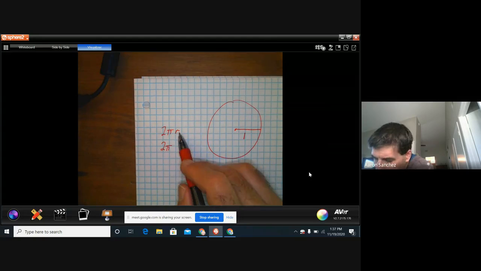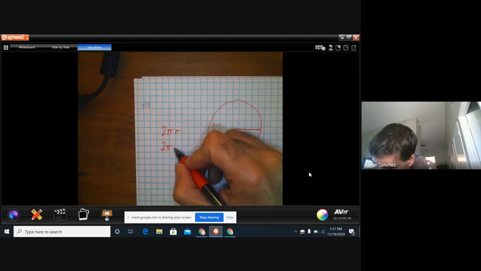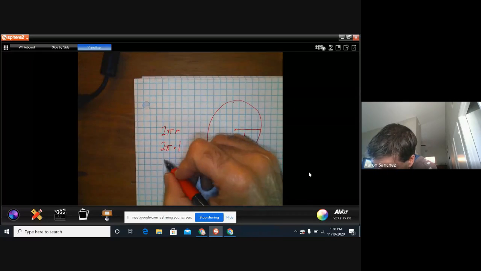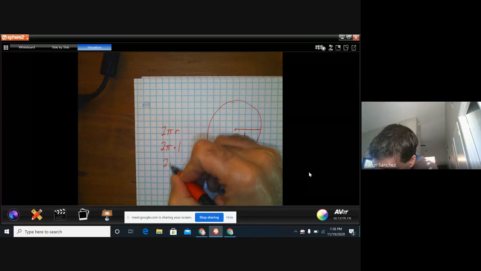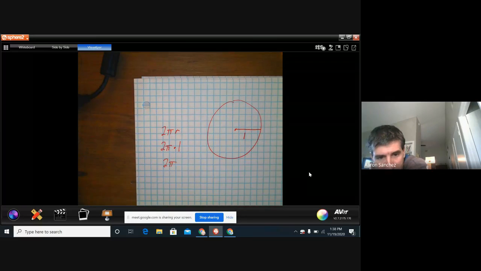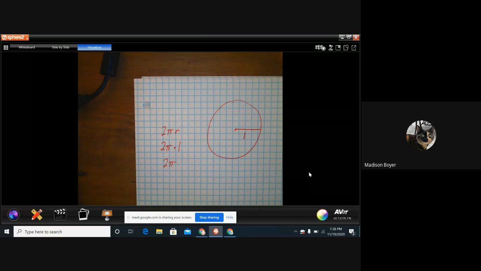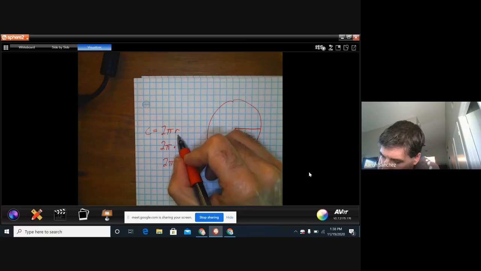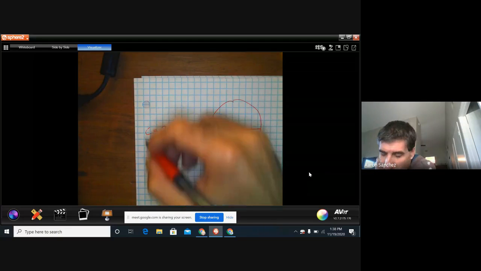And so what do I put in for R? 1. Yeah, good. What's 2 times 1? 2. 2 pi. The circumference of a circle is 2 times pi times the radius. That's the formula we use.